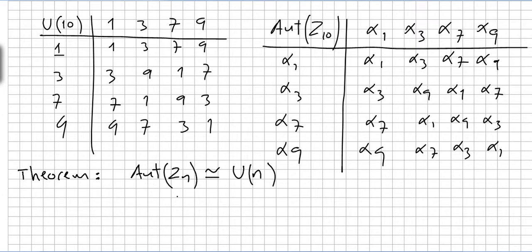So for every positive integer n, the automorphism group of Zn is isomorphic to Un. The proof is more or less the same as I did before, taking alphas to 1 of alpha. It's really easy.